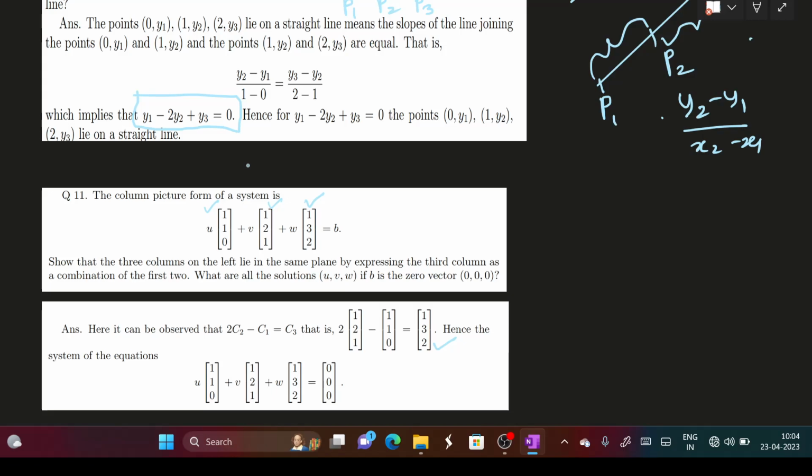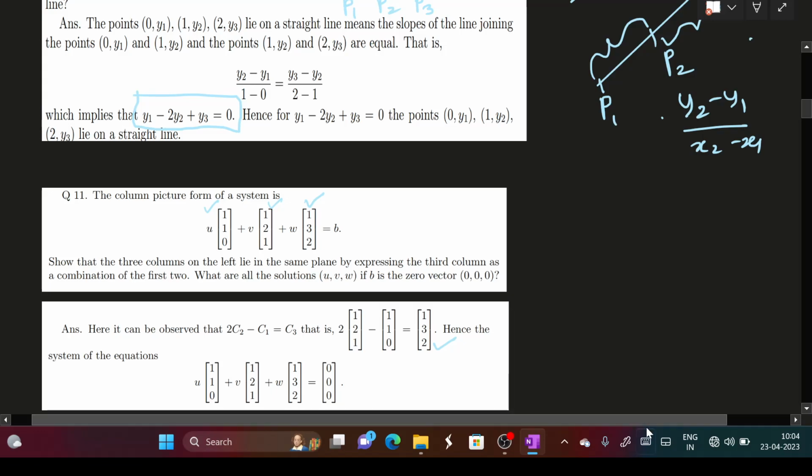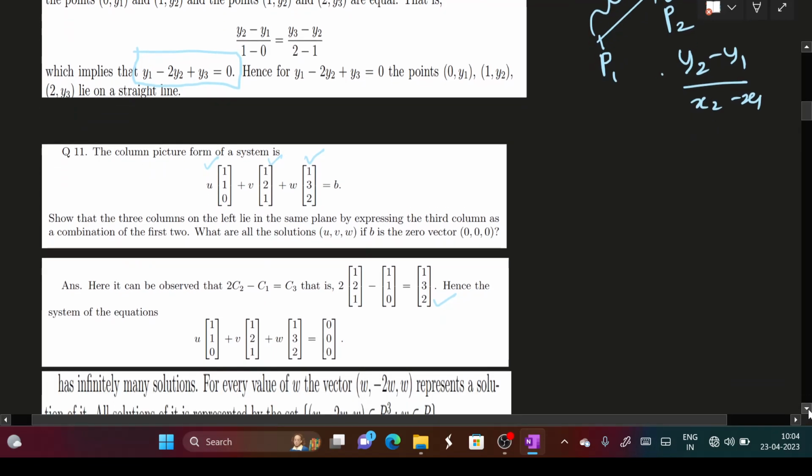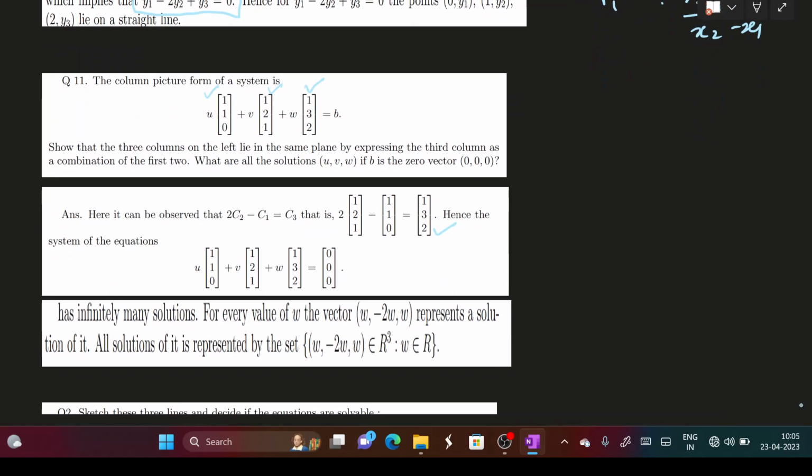That means my relation is, if my right hand side vector is 0, then what can I write? Because the coefficient matrix of the system of equations is singular, it has infinitely many solutions.